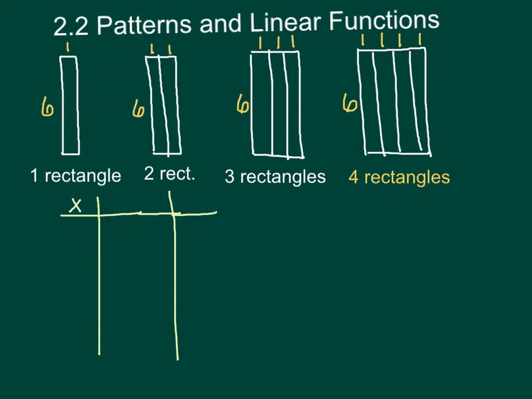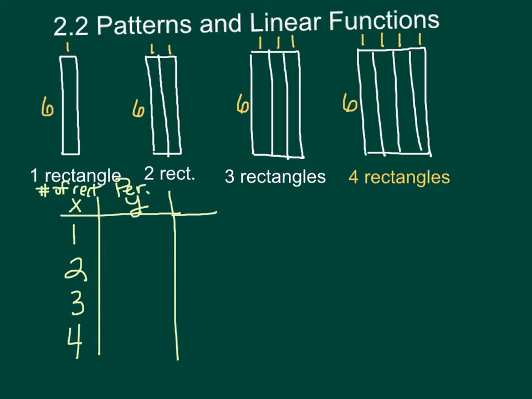So we know that we have one rectangle, two rectangles, three rectangles, and four. And then what we want to find is Y, which is our perimeter. So I'm going to squeeze this in here. Number of rectangles, and Y represents P, which is our perimeter.